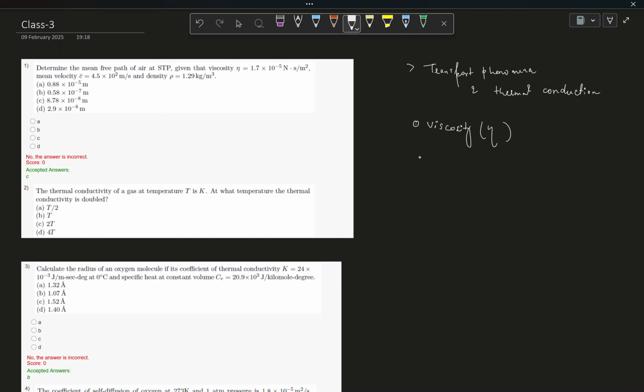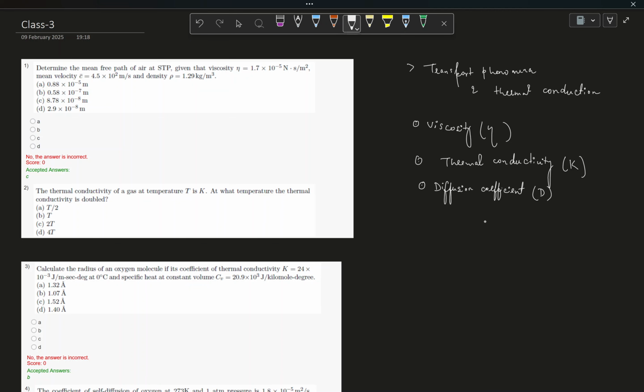And then we have thermal conductivity, which is given by the symbol K, and then there is the diffusion coefficient, which is given by the constant symbol D, right? So you have these 3.